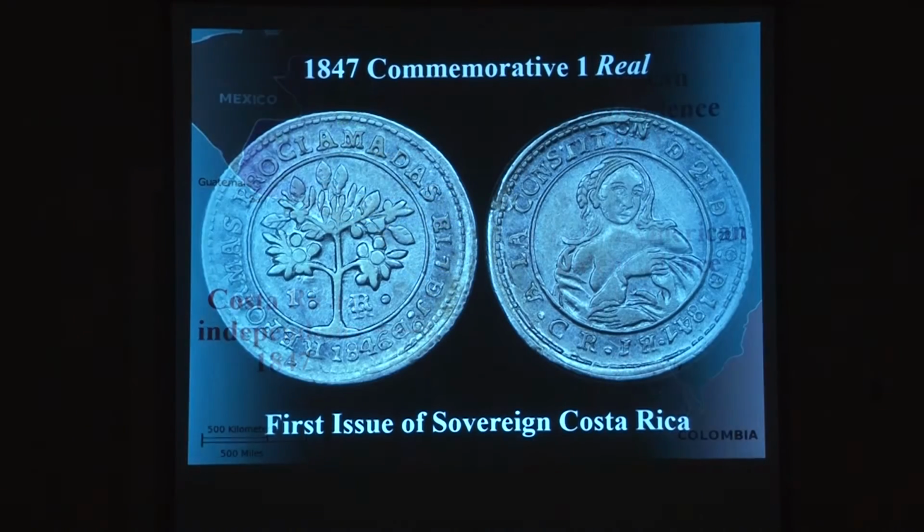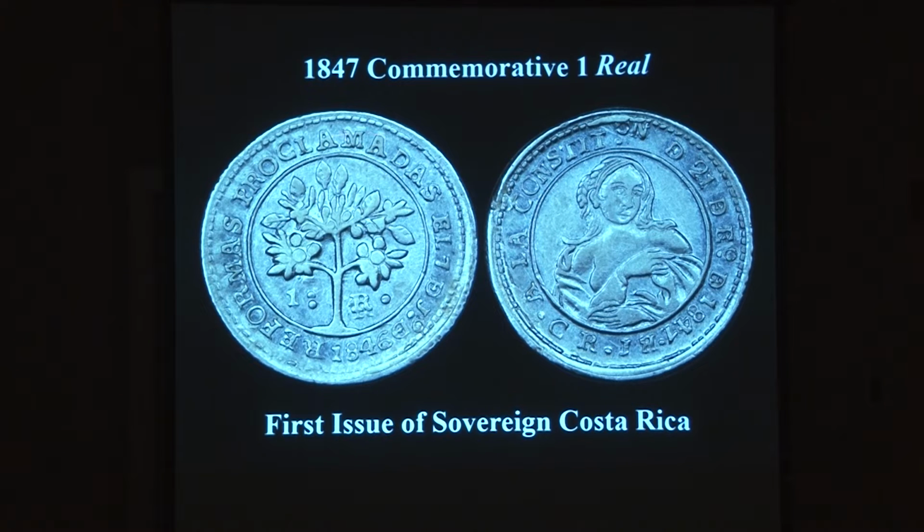But here is the coin. So this is the obverse, and we know that because we actually have the official description of this coin from before it was created, right? So this is the obverse here with our coffee tree, right? And it refers to a proclamation of reforms in 1846 that first initiated Costa Rica's secession from the Central American Republic.